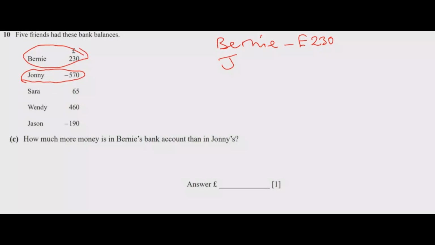In Johnny's account, there is negative 570 pounds. That is what is in Johnny's account.